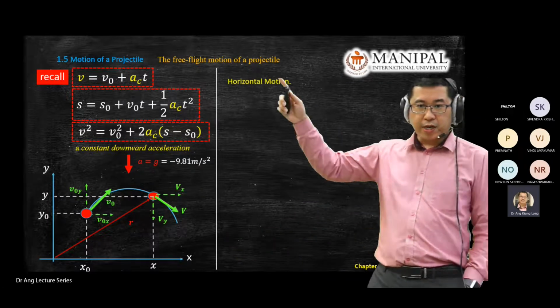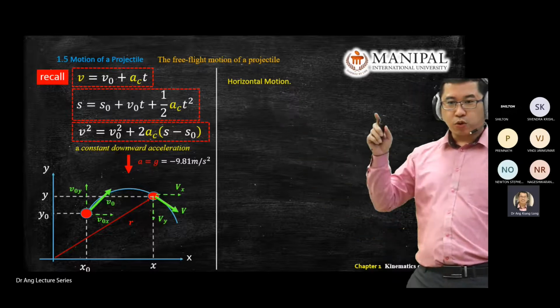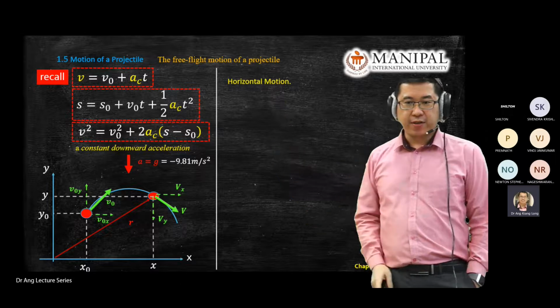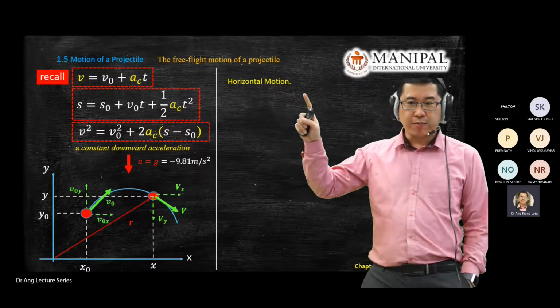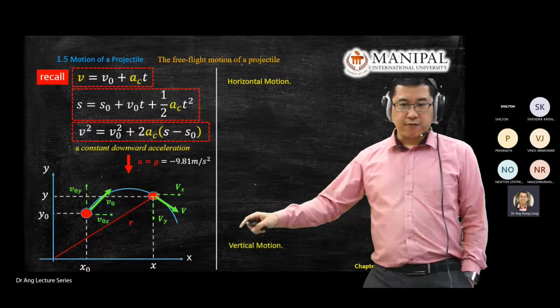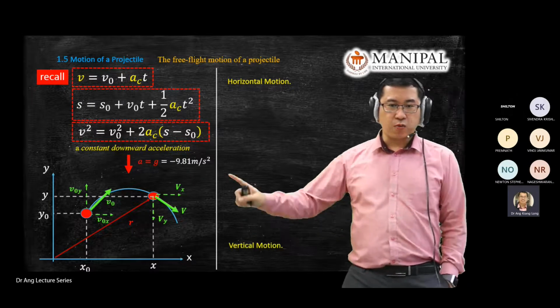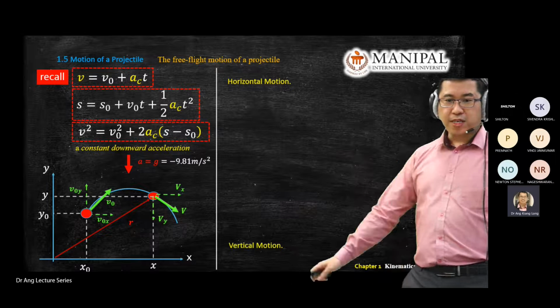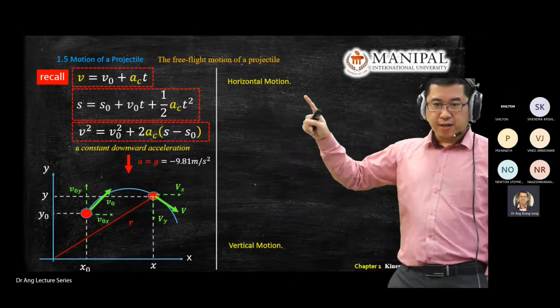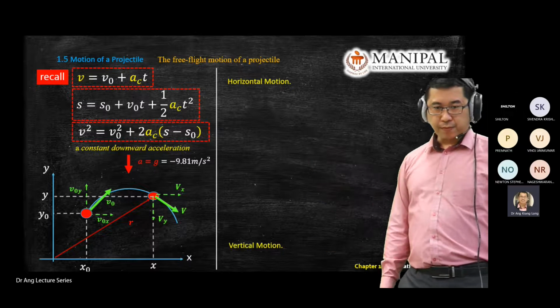First, when you look at projectile, you look at two big components. One is in the x direction, which is horizontal motion. Another one is vertical motion, which is in the y direction. You see the particle movement in two main dimensions.